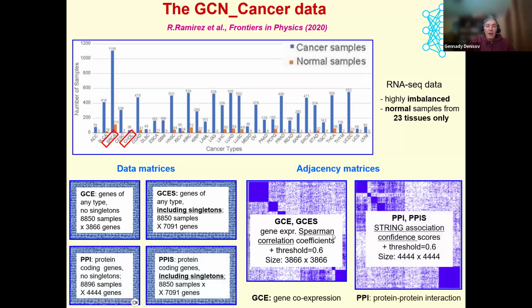The other couple of data sets were named PPI and PPIS. PPI stands for protein-protein interaction, and S stands again for singletons. For this kind of data, when computing the adjacency matrix, we used information from the STRING database, a database of protein-protein interactions.